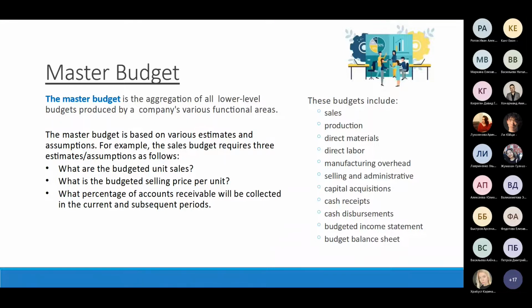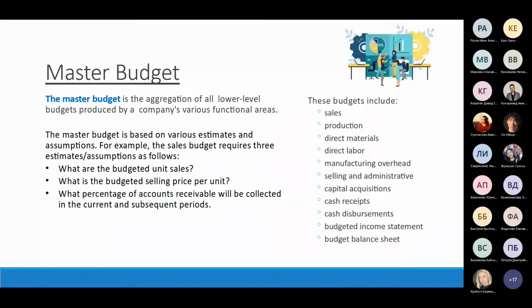And what percentage of accounts receivable will be collected in the current and subsequent periods? Those estimates are the basis of the budgeting system, and each level uses specific assumptions. Therefore, our budget is only a plan, not something unchangeable at all.